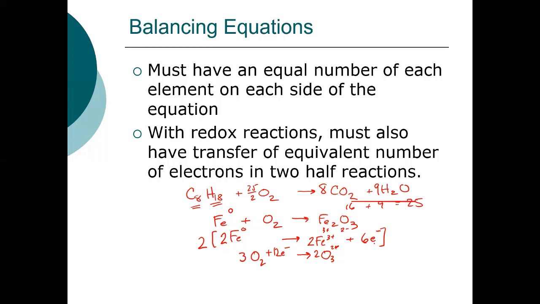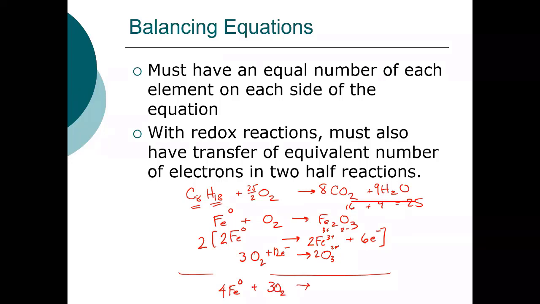We can add those 2 together. And now we have 4 Fe plus 3 O2 goes to, we've multiplied this whole reaction by 2, so we have 2 Fe2O3.